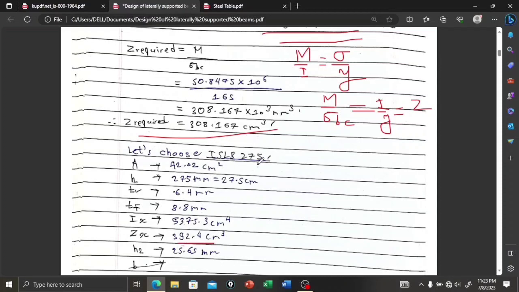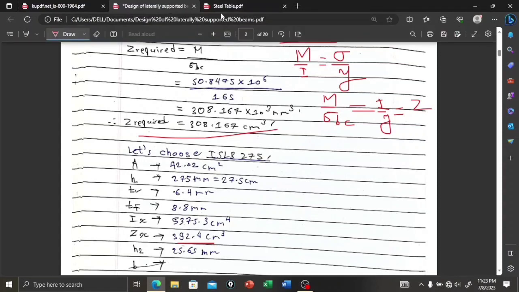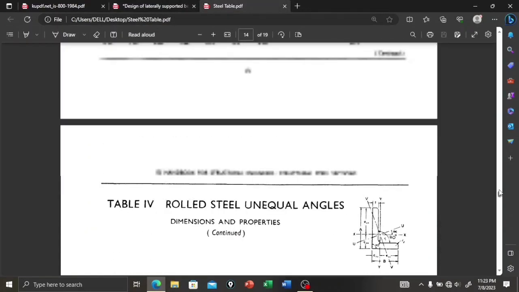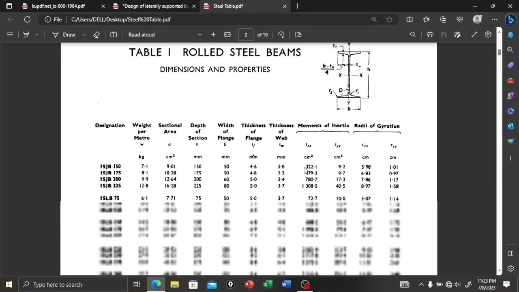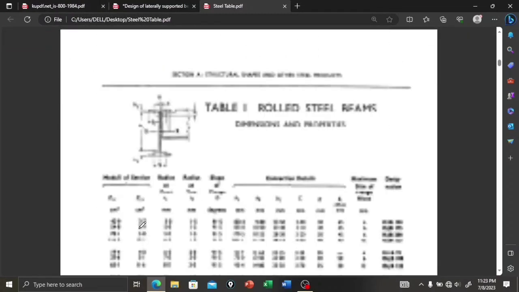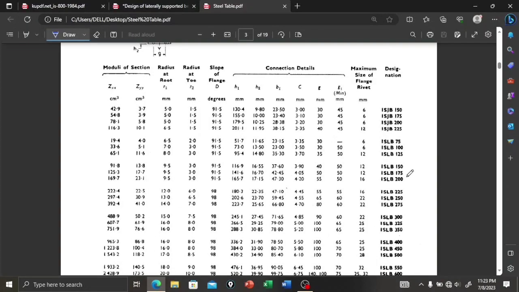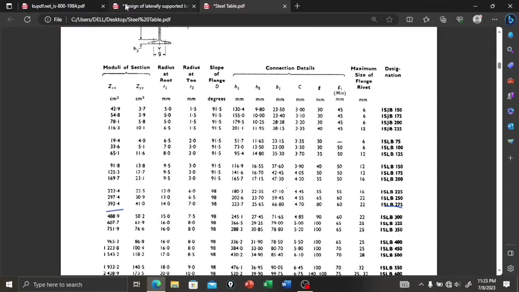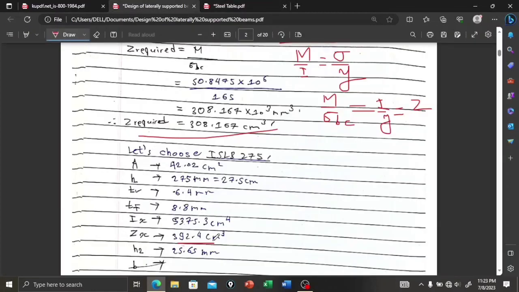So we choose ISLB 275, whose Z is 392.4, which is greater than this.